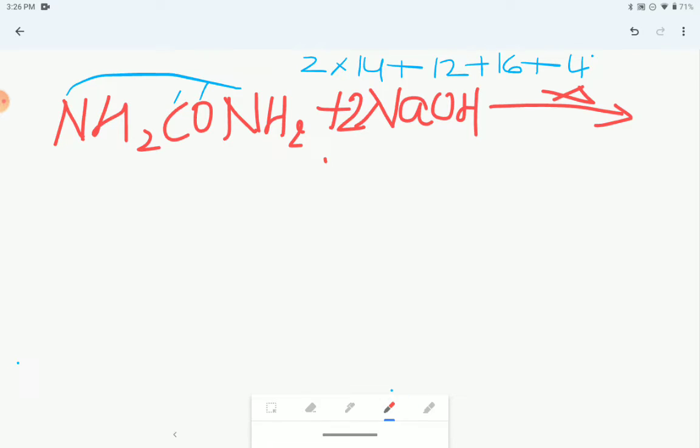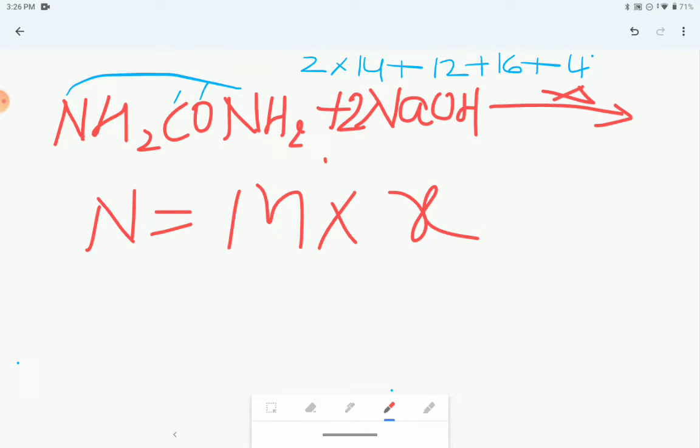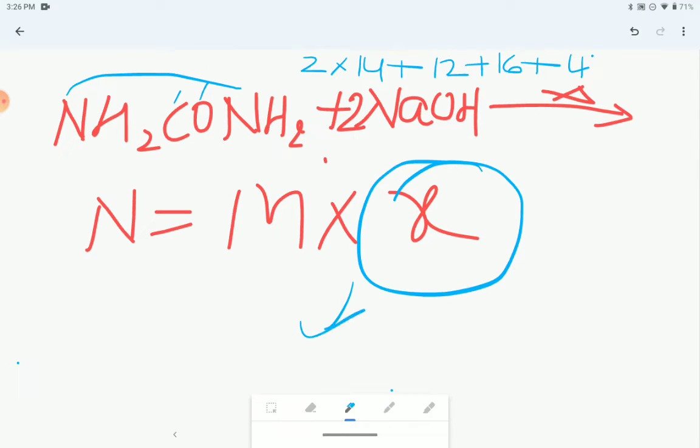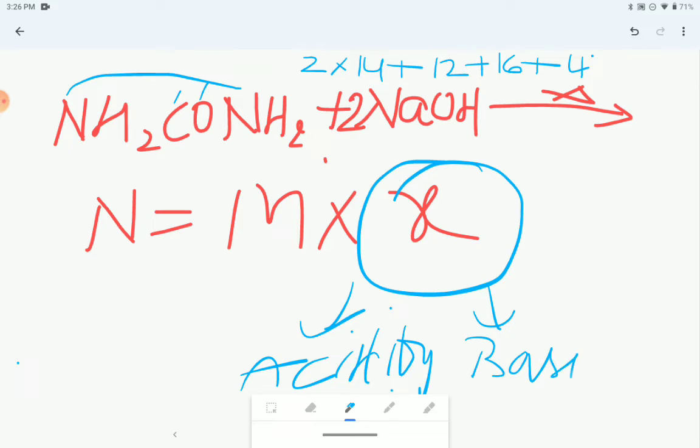Normality is equal to molarity into X factor. This X factor is called acidity for bases and basicity for acids. Understood?